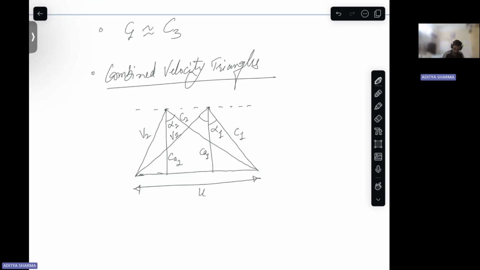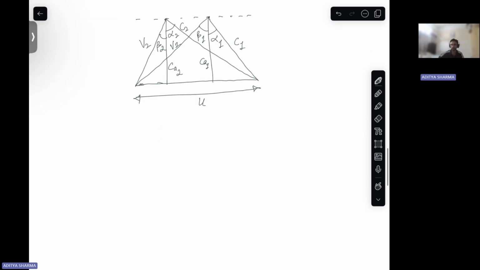Then this is your blade angle, this is your blade angle 2 at the exit of your rotor.